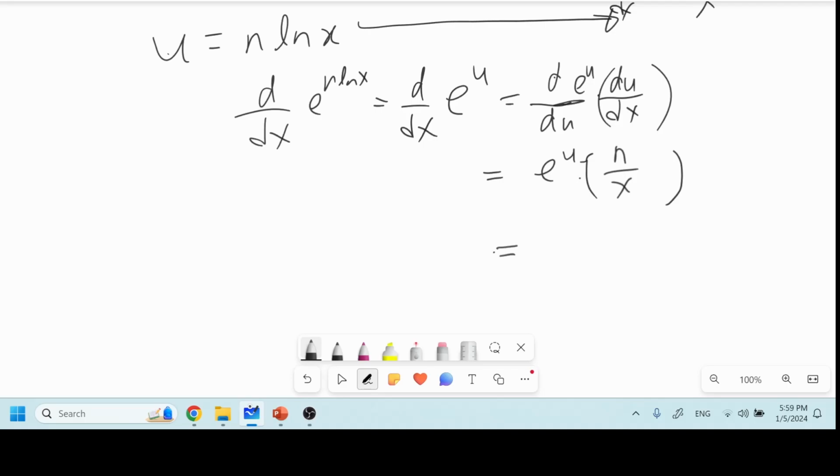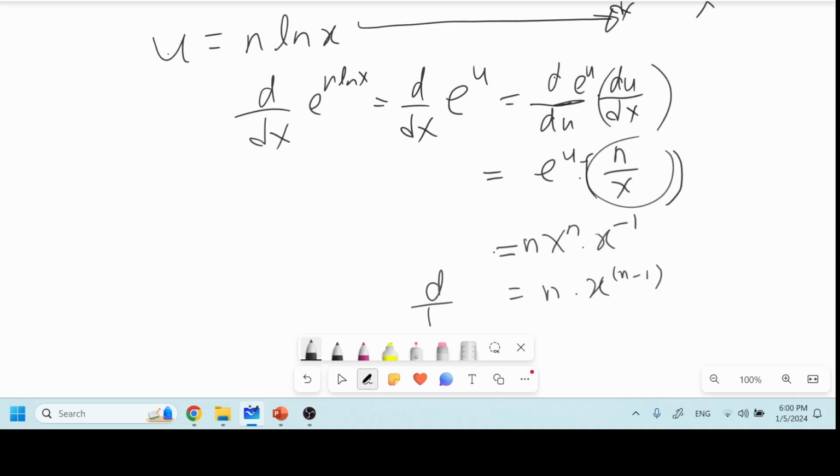e^u is nothing but just our x to the power of n. And here we have n multiplied with x raised to the power of minus 1. So we have n times x raised to the power of n minus 1.